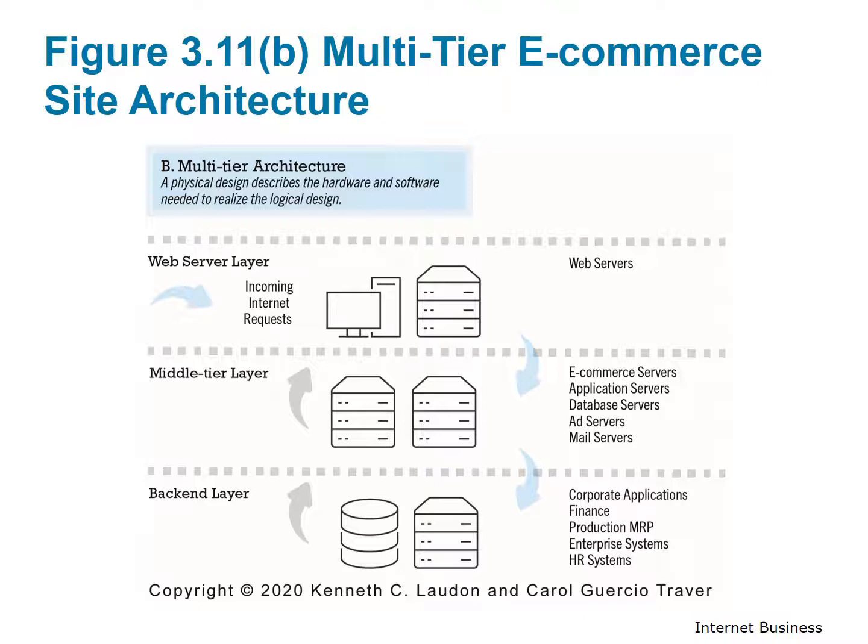The backend layer consists of corporate applications: finance, production, MRP, enterprise system, and HR system. The incoming internet requests are sent by the web server to the middle tier layer, from the middle tier layer to the backend layer, from the backend layer back to the middle tier layer, and from the middle tier layer back to the web server layer.